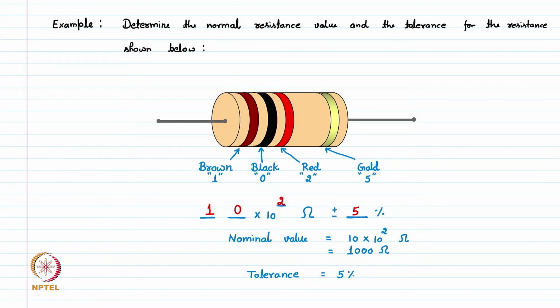So we can take another example to calculate one more resistor. So in this we determine the nominal value and tolerance.